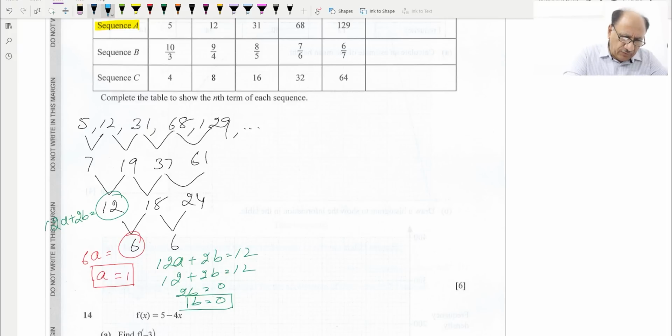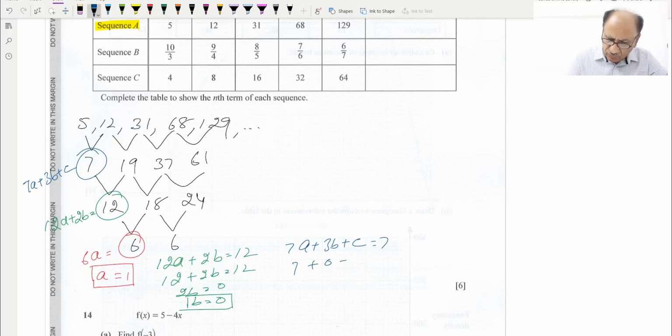Now we can find this one. We can write this 7 as 7a plus 3b plus c, and our equation will be 7a plus 3b plus c is equal to 7. a is 1, so this will be 7. b is 0, so this will be 0, plus c is equal to 7. So this implies c is also equal to 0. So this will be the c value.